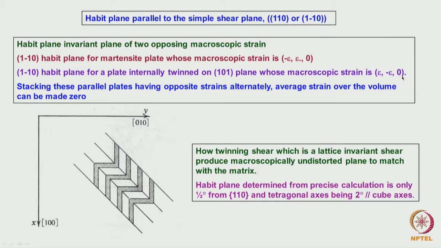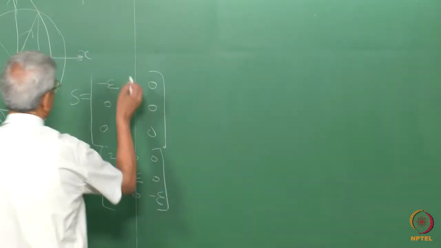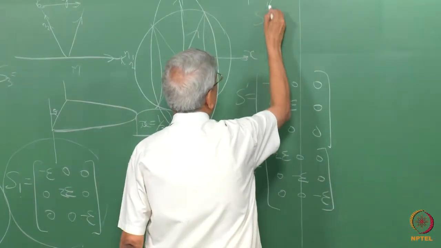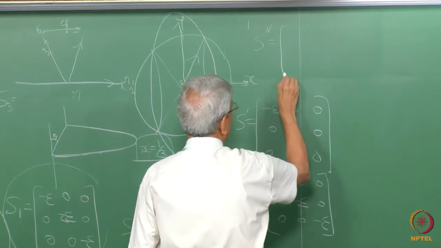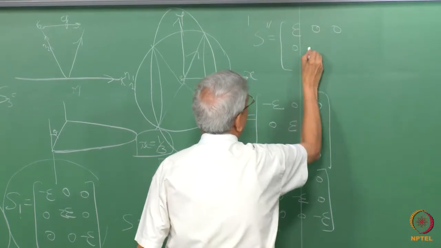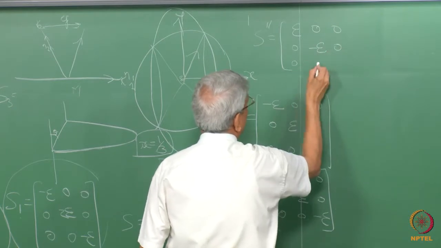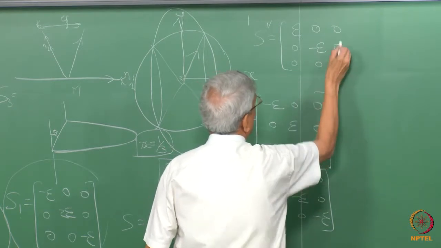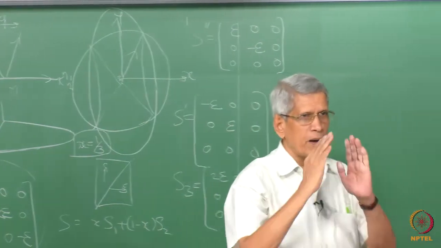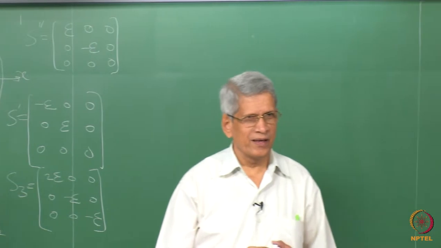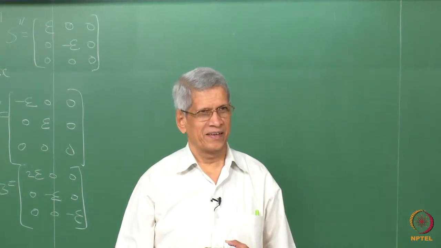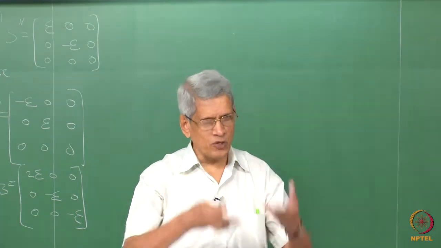Here we have got one strain, this is S dash I will put, and the other one as S2 dash. Suppose these two regions come adjacent to each other, what will happen to the total strain of that region? That will turn out to be 0.